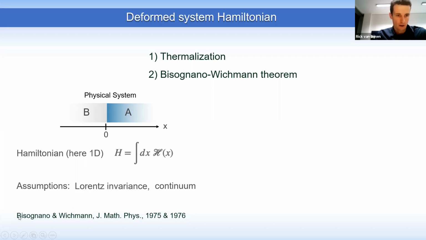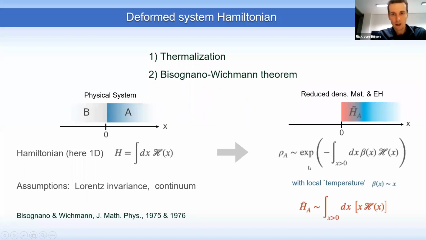And Bisognano and Wichmann have shown in the 70s that if I cut an infinite system into two halves somewhere, they managed to calculate the entanglement Hamiltonian, or the reduced density matrix, exactly. And it is of this form. It's basically, again, your original Hamiltonian, but with a spatially varying entanglement temperature in front.